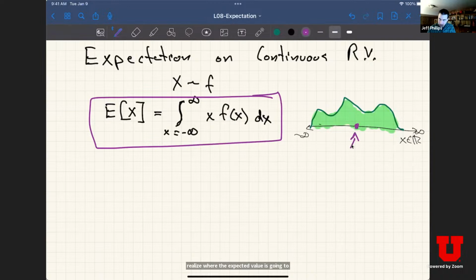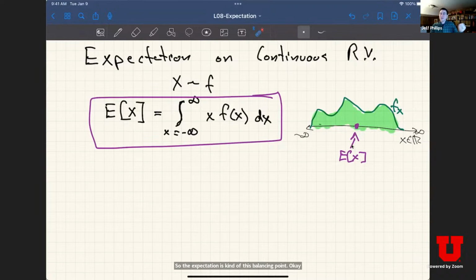If this is f of x, then this might be the expected value of x. And I like writing it like this, with this arrow, because the expectation is exactly where, if you were to put your finger underneath this distribution, right here, and the green area corresponded to a weight, then it would perfectly balance on your finger. Whereas if I were to put my finger over here instead, it's going to tip over. So the expectation is kind of this balancing point.